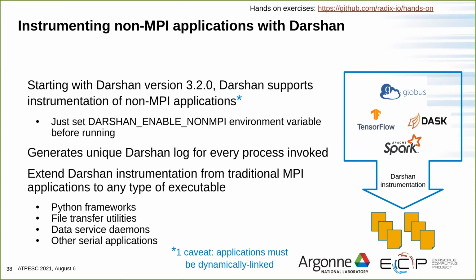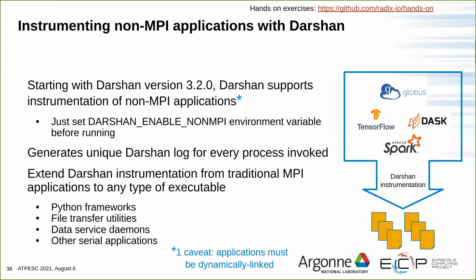Like I was mentioning, we're very much interested in being useful to things like PyTorch and so on. We can use Darshan to instrument file transfer utilities, so any of the utilities used to copy data to and from compute nodes, whether it be SCP or BBCP or Globus or whatever it is you're using, it might also be useful to have Darshan characterize that type of stuff.